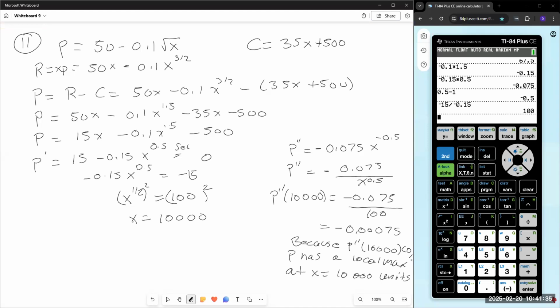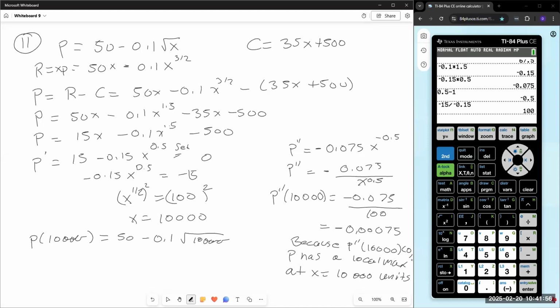And so now I need to find the price that forces that. So P of 10,000 units is equal to 50 minus 0.1 times the square root of 10,000.